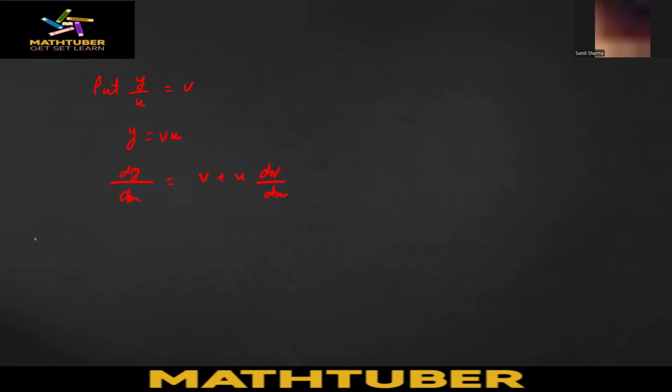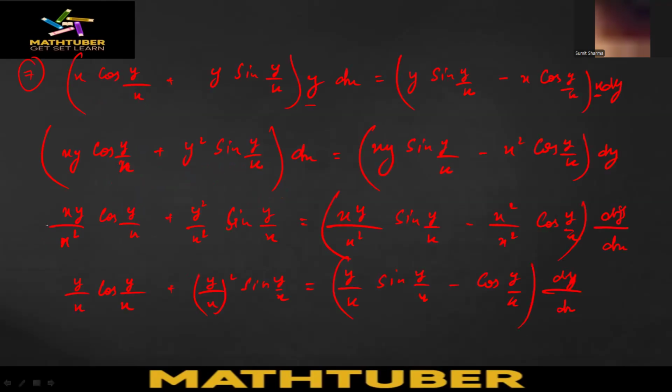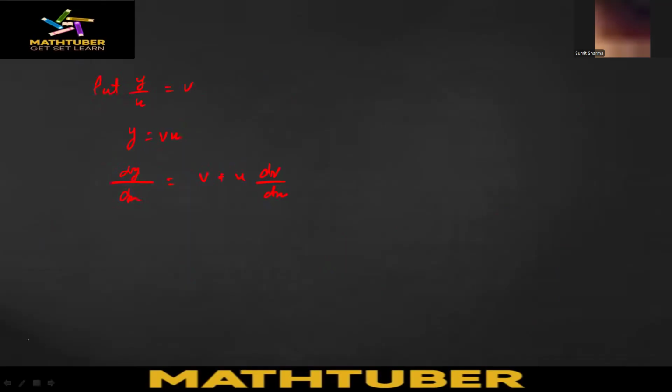And then substitute this value here, you will get v cos v plus v square sin v equal to v sin v minus cos v into v plus x dv by dx.